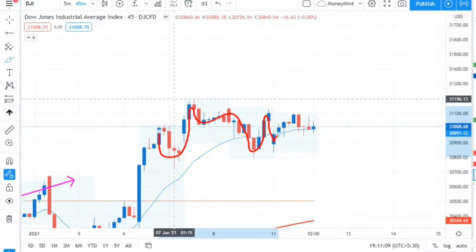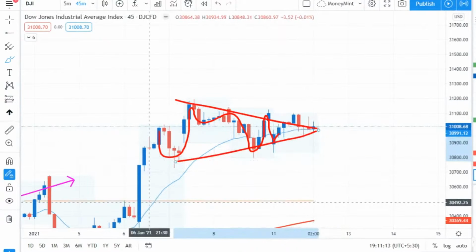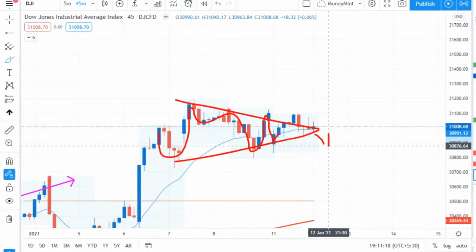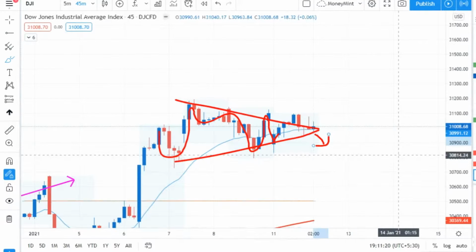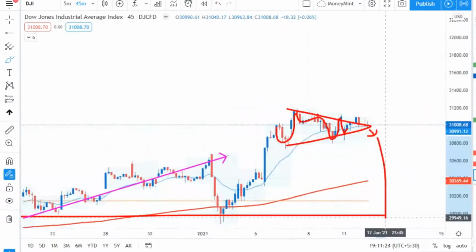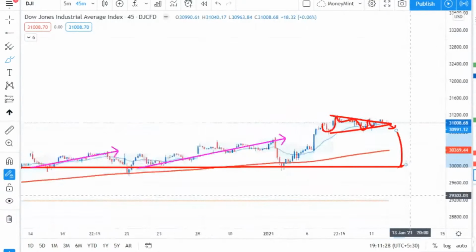So inconsistency in the price action is taking place here. Once it exits this point and moves downward, we can see a level of retracement all the way to this point, and then a break from this point towards the downside.